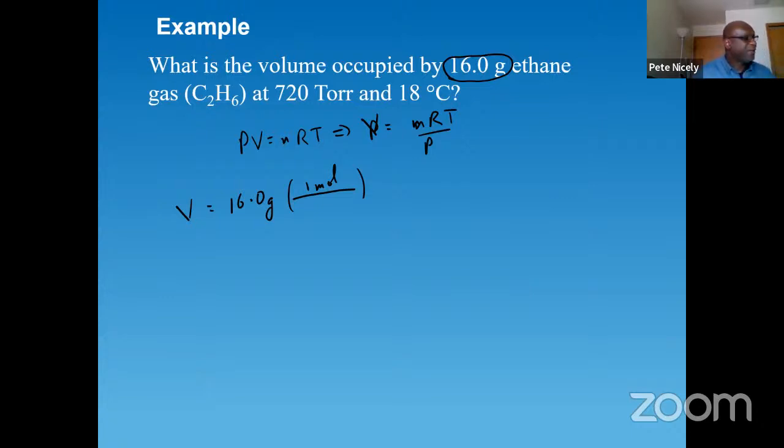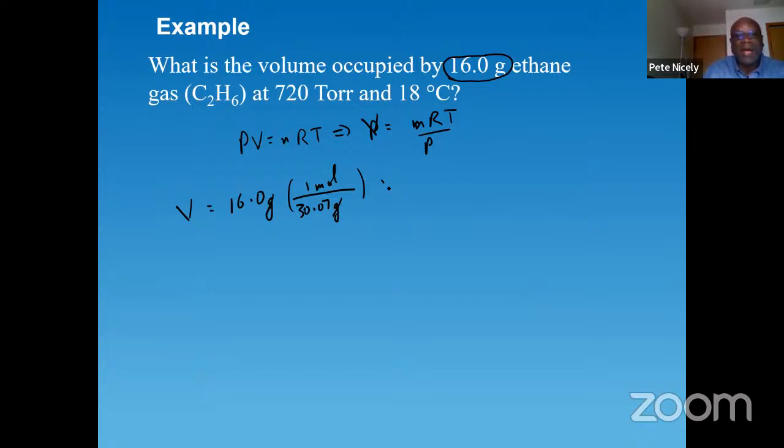In the case of C2H6, the molar mass of C2H6 is 30.07. So down here, I'm going to put 30.07 grams. So basically, by doing that part of the calculation, you're going to end up with the moles.